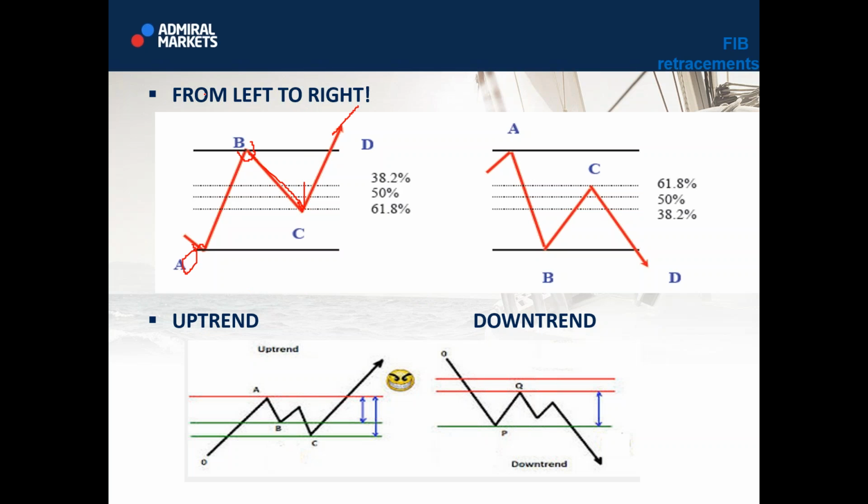You always need to look in the past, connecting it with the present to give us future. In uptrend, you place from left to right, from bottom to top. In downtrend, you place from left to right, from top to bottom. Always remember that.